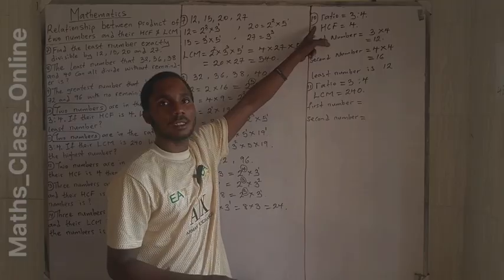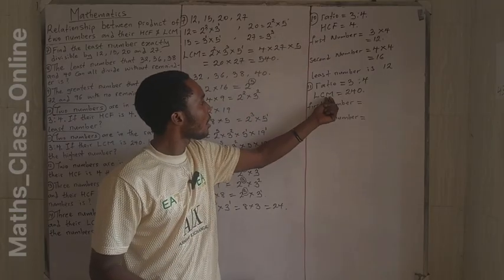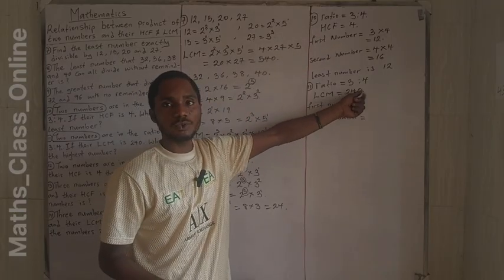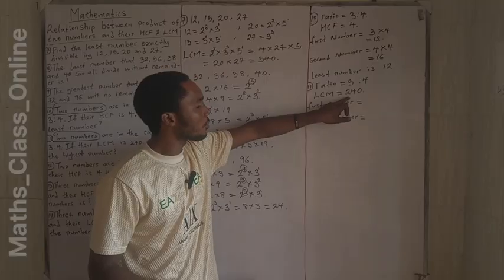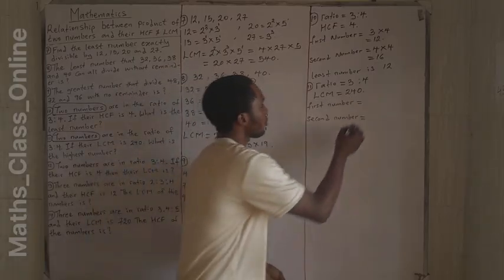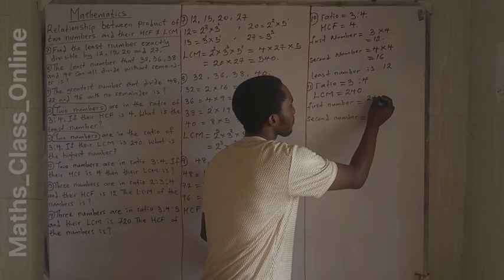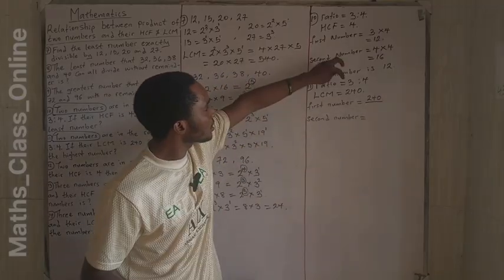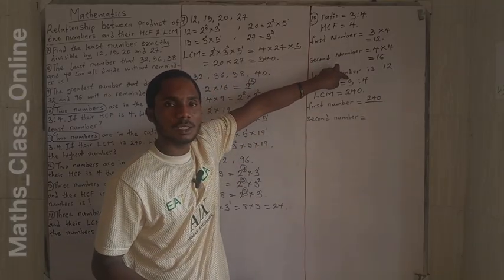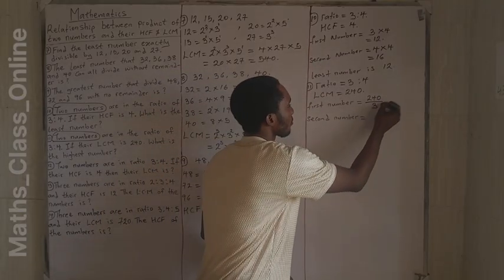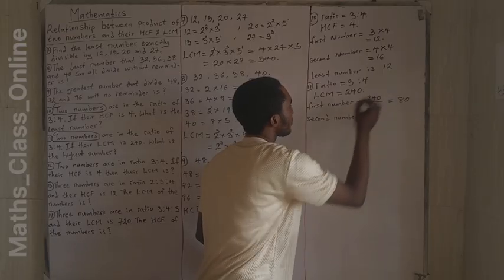Unlike question number 10, where we have HCF, we have this to be LCM equal to 240. If we have LCM, what are we going to do with it? We have 240 divided by the first number in the ratio, which is 3, and this gives us 80.